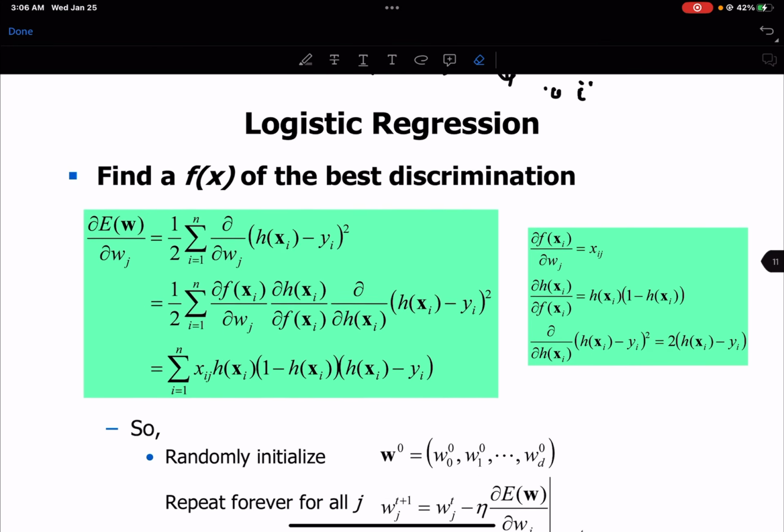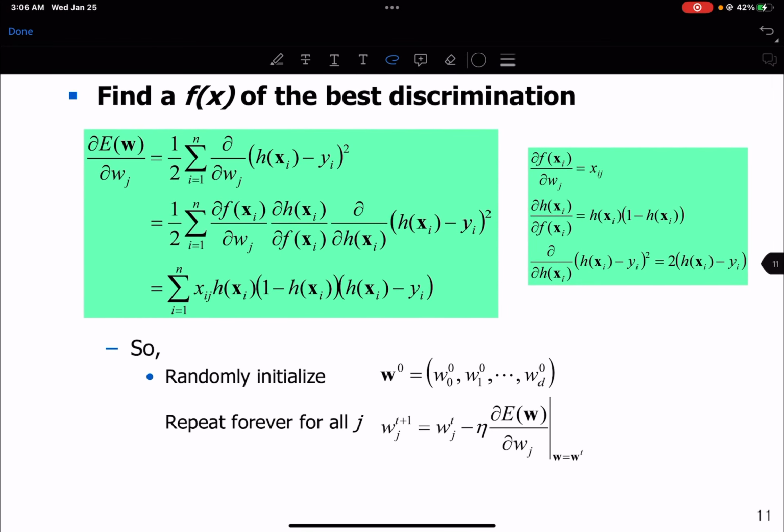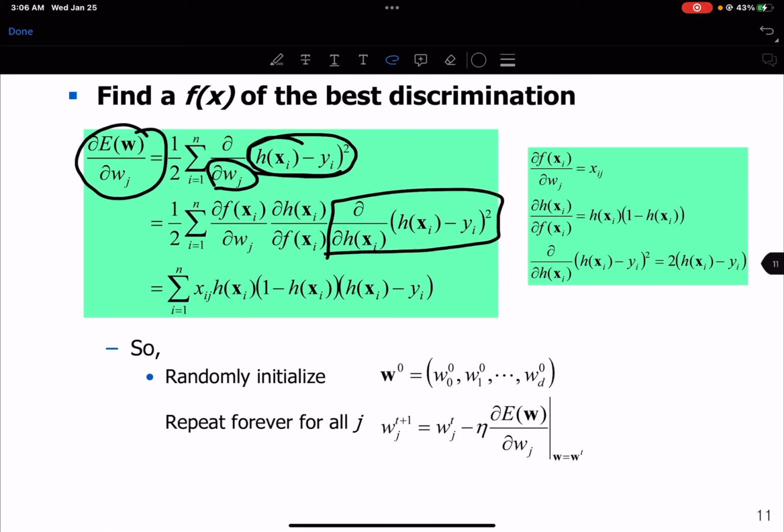Now we come here on this slide and we understand the chain rule. Okay, so if we want to take the partial of our error function, h of xi minus yi squared error, in order to get to our wj's, we first need to take the derivative with respect to h of x.